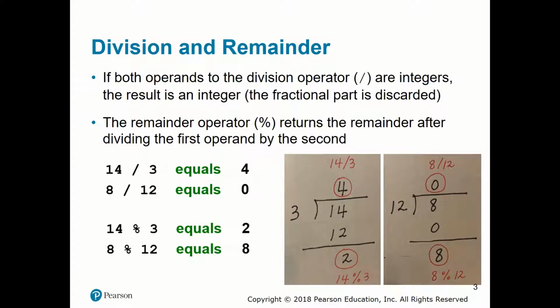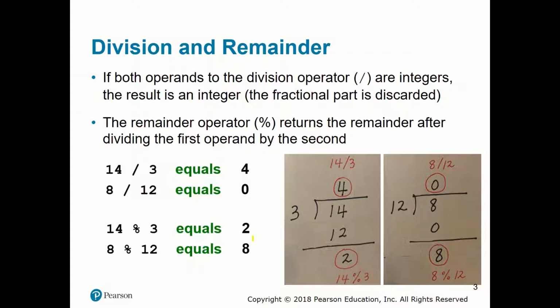If both operands to the division operator are integers, then the result is an integer. The fractional part is discarded. The remainder operator percent returns the remainder after dividing the first operand by the second.